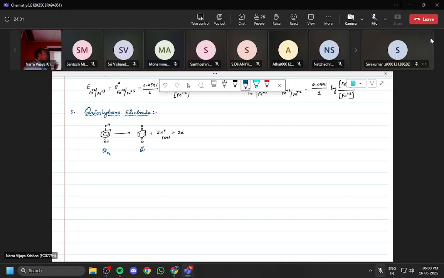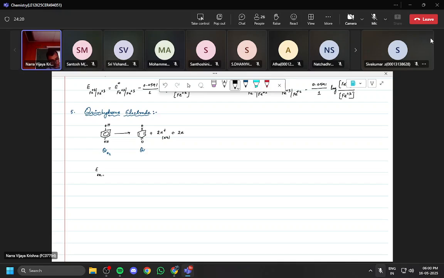Right? Now, is it an oxidation process or a reduction process? Loss of electrons, no? Oxidation. Oxidation means I am writing the anodic representation. Is it anodic representation or not? So now give me E. Can I call it E oxidation?